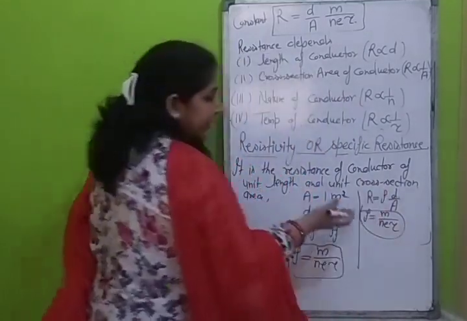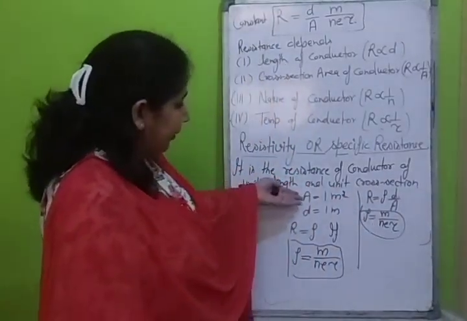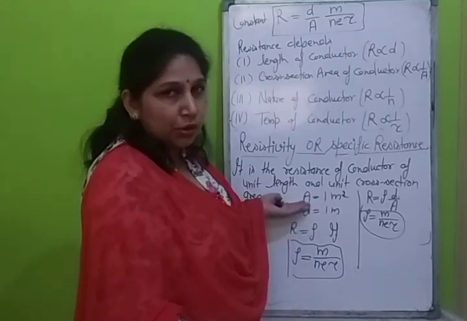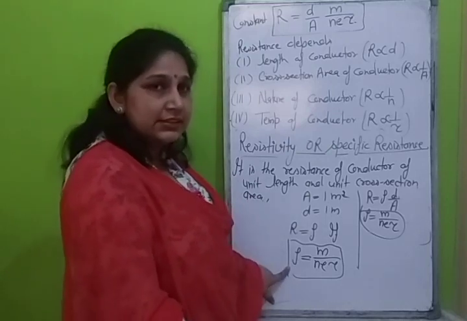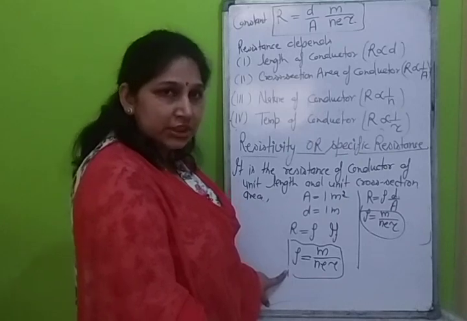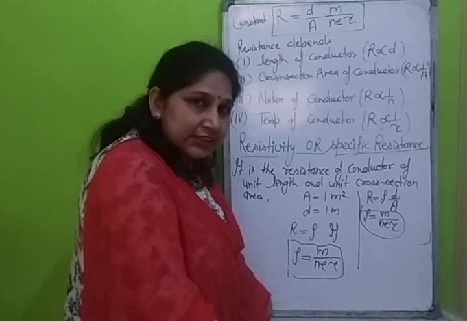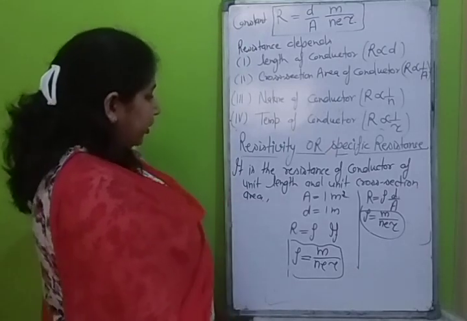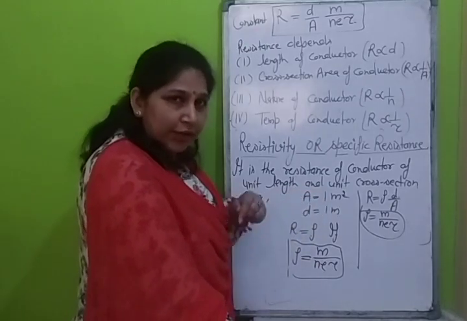Got it? By the definition of resistivity, A is equal to 1 meter square and d is equal to 1 meter. This is the resistance of a conductor having unit cross section area and unit length, and this property is known as specific resistance. It is the property of the material because it is taken for 1 meter length and 1 meter square cross section area.